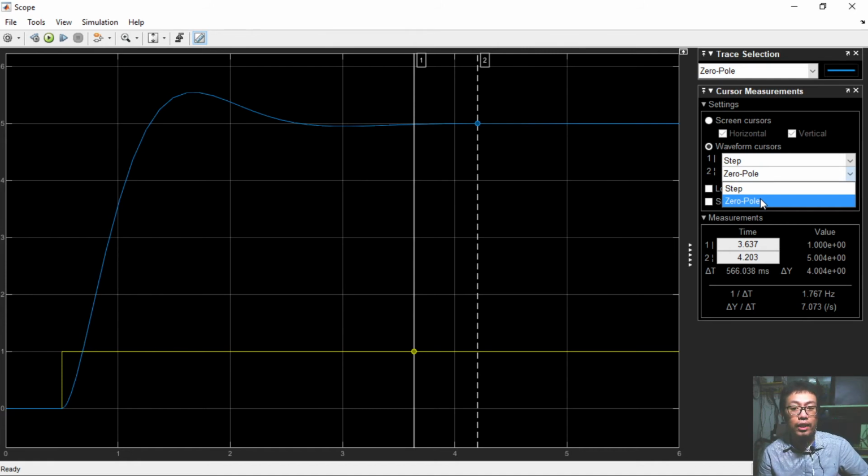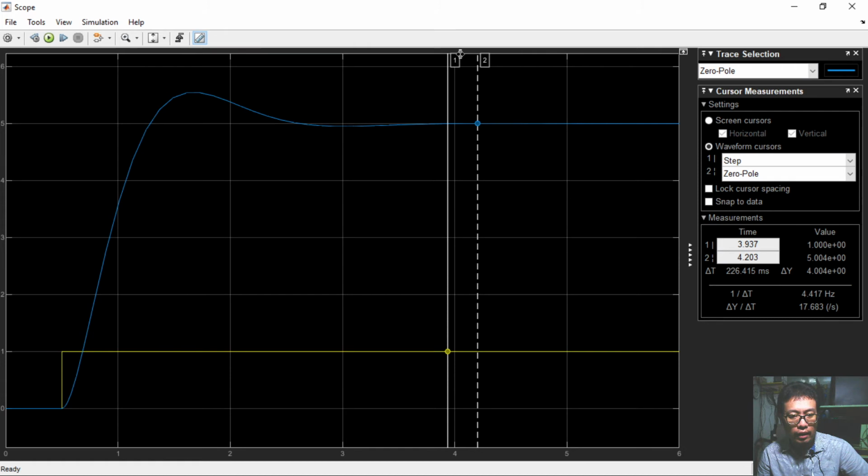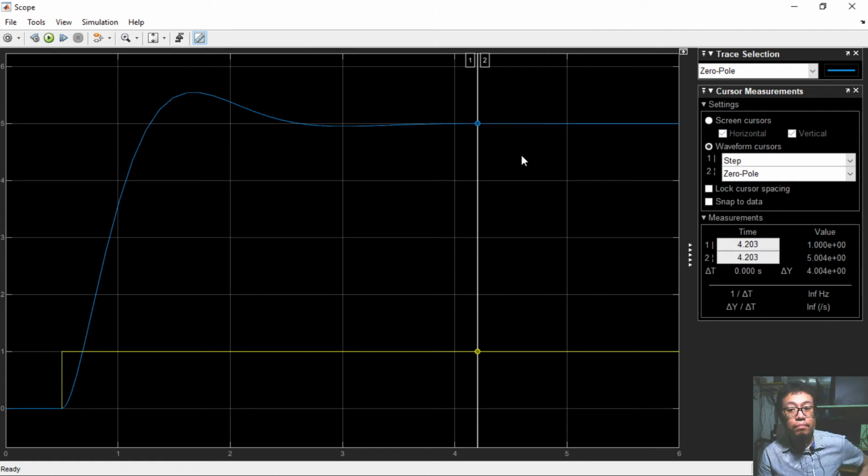So that measures your CS. Now we place both at approximately the same time instant.